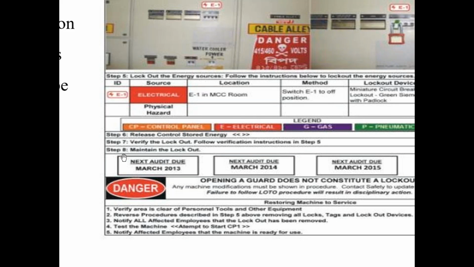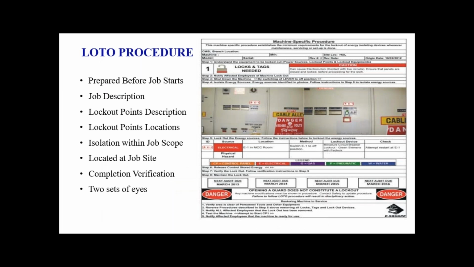So 6 is release control stored energy. 7th is verify the lockout. Follow the verification instruction in step 5. And then 8th one is maintain the lockout systems. So all these things should be followed by the authorized person who has already gone through various types of training for these LOTO procedures.